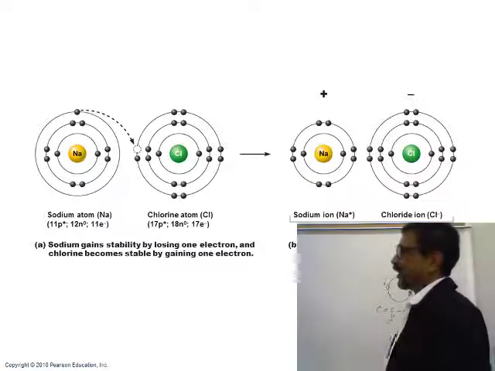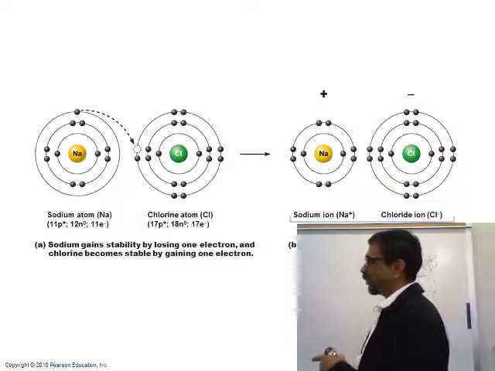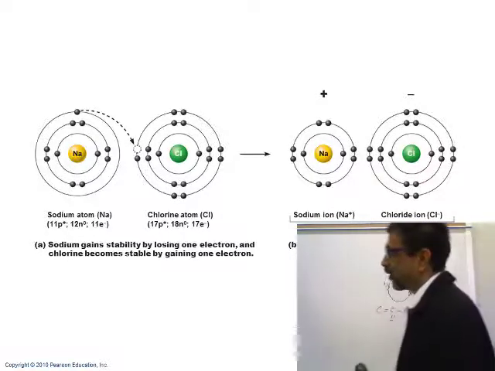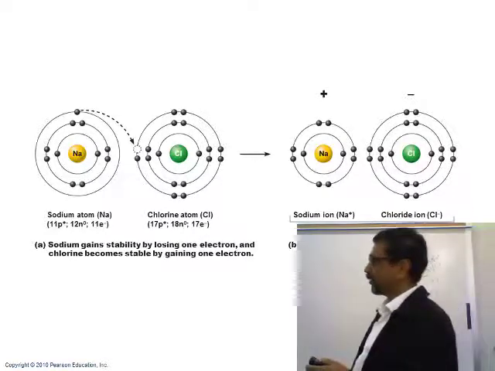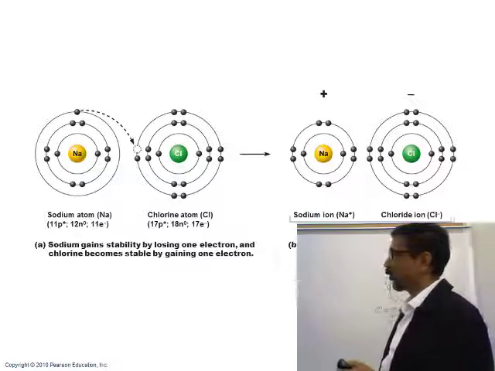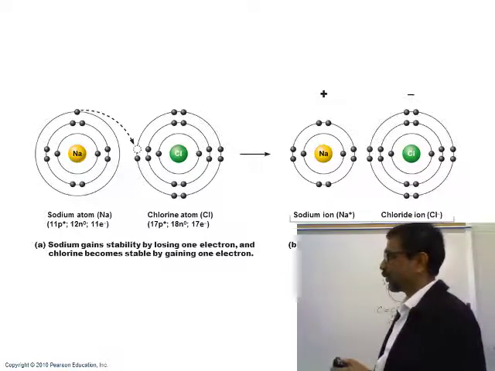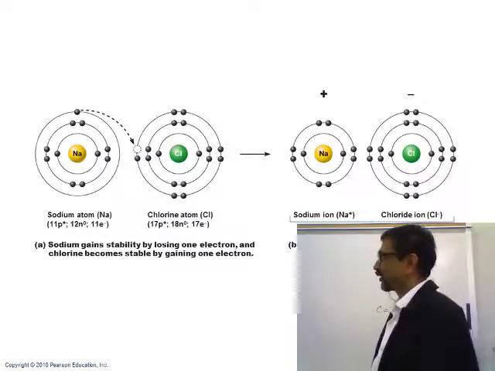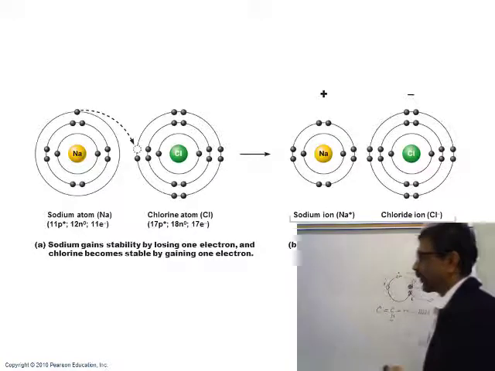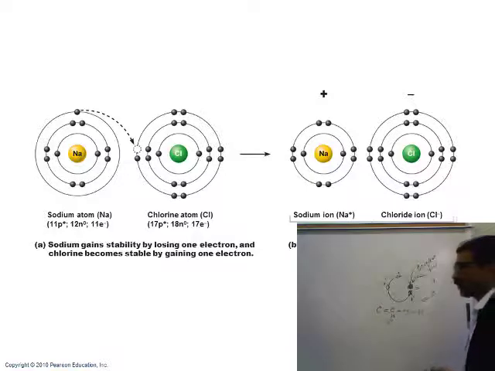Now, since the electron is leaving sodium, sodium will become positive, on the right side, you see on the top, and since the chlorine is receiving the electron, it will become chloride, negatively charged chlorine, and then they will attract each other, and that's the ionic bond to form sodium chloride.